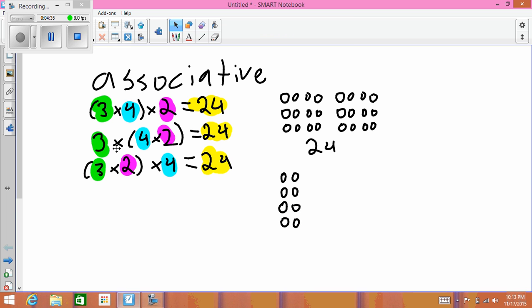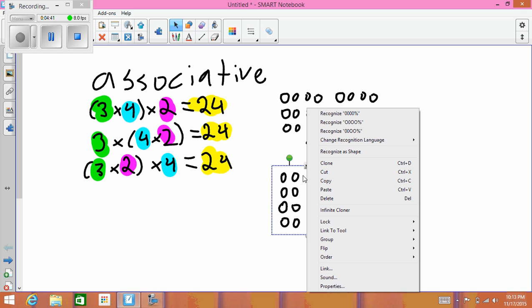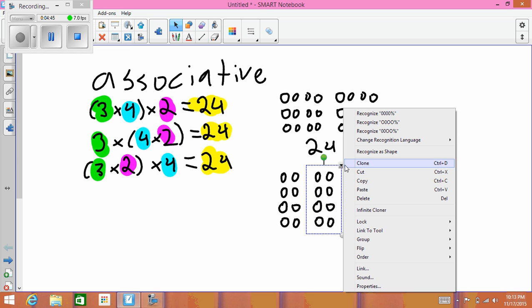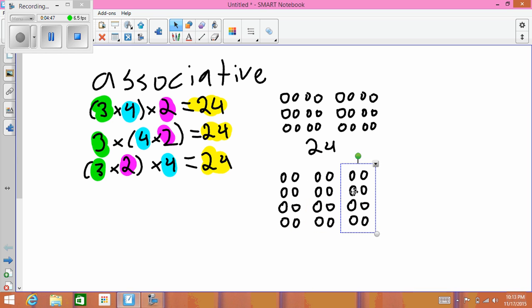Now this problem is asking me to multiply that by 3. So I'm going to go ahead and take this array that shows 4 times 2, and I'm going to clone it so I have 3. So if associative property is true, then all I've done here is change my grouping. My product should still be the same. Let's double check. 2, 4, 6, 8, 10, 12, 14, 16, 18, 20, 22, 24. I still have 24.